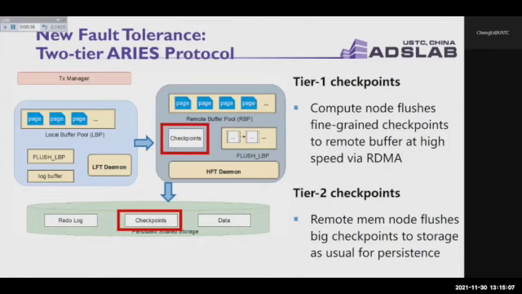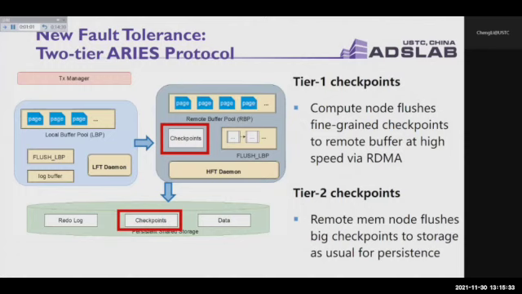In the first tier, we create checkpoints that summarize the status of the database, right? The tier one checkpoints are handled like this: the compute node where MySQL runs flushes the fine-grained checkpoints to the remote buffer at high speed via RDMA. That is okay because these are just soft checkpoints.